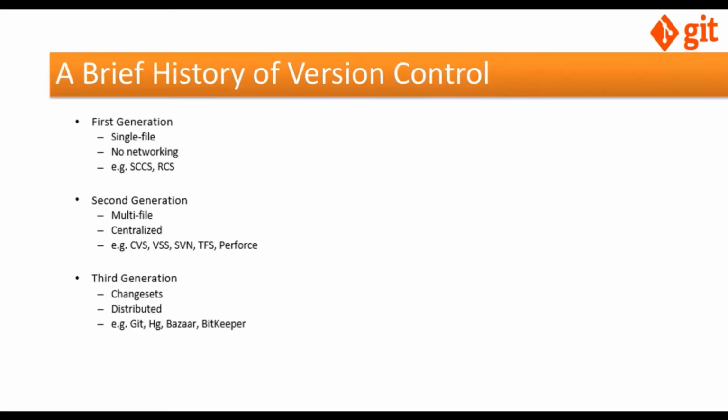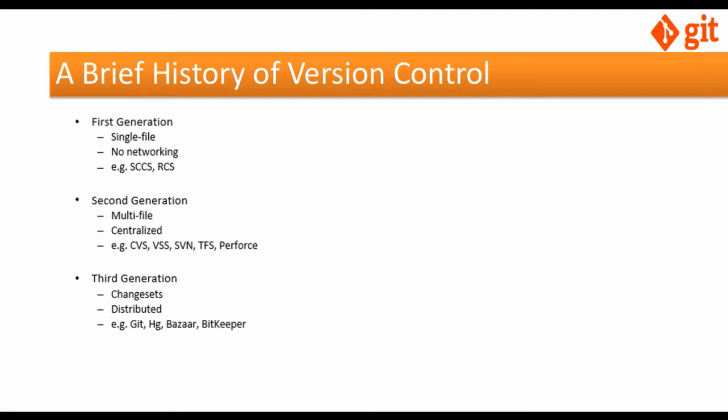In a brief history of version control systems, the first generation was single file, with no networking concept. In the second generation we started with multiple files and centralized systems, where CVS, SVN and so forth came into the picture.